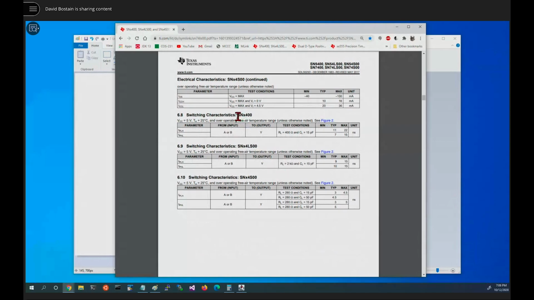We were looking at the switching characteristics, and we looked at TPLH and TPHL, which are low to high and high to low. They were as much as 22 nanoseconds, 15 nanoseconds. So we'll use the 22 nanoseconds for a moment here.